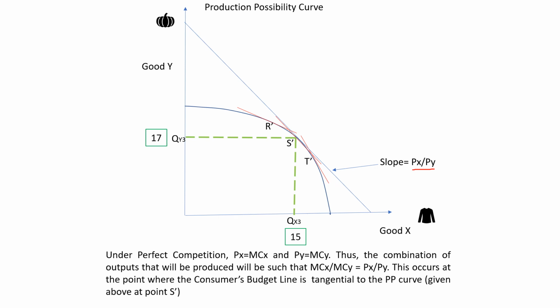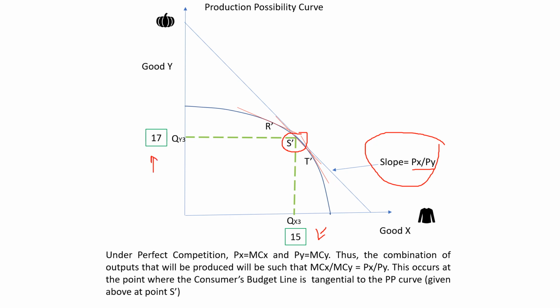So for example, over here, we are assuming that the ratio of prices is given by this line, the blue line, and this line is coinciding with the tangent at point S prime. The tangent at point S prime gives us the marginal rate of transformation at point S prime, and corresponding to this point, the output of good X is 15 units, and the output of good Y is 17 units.